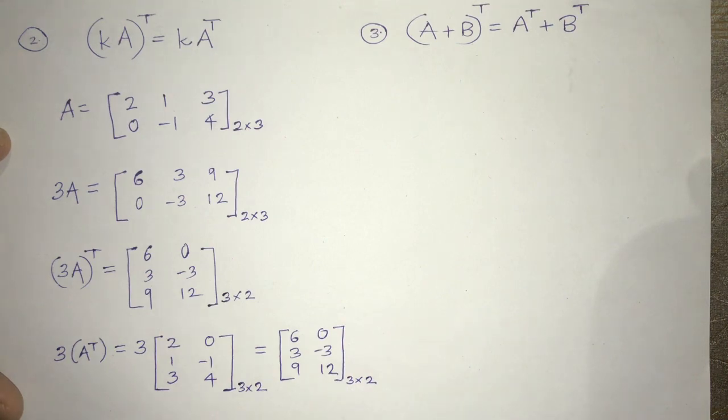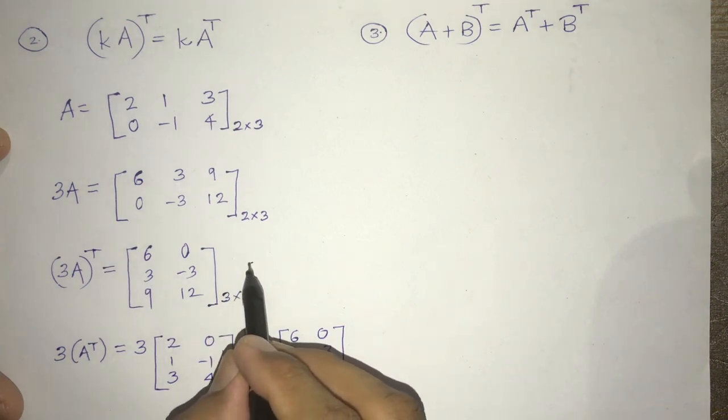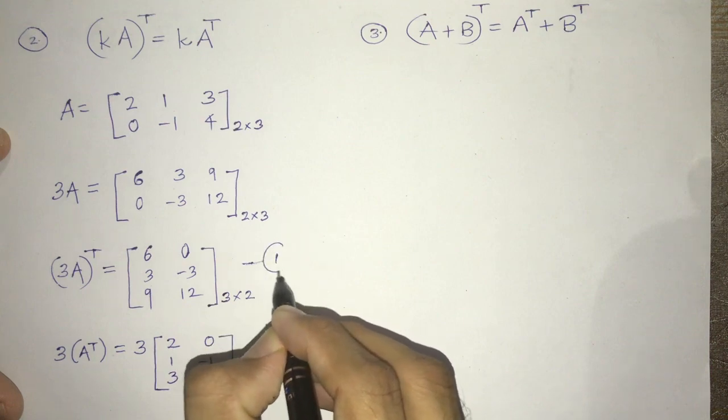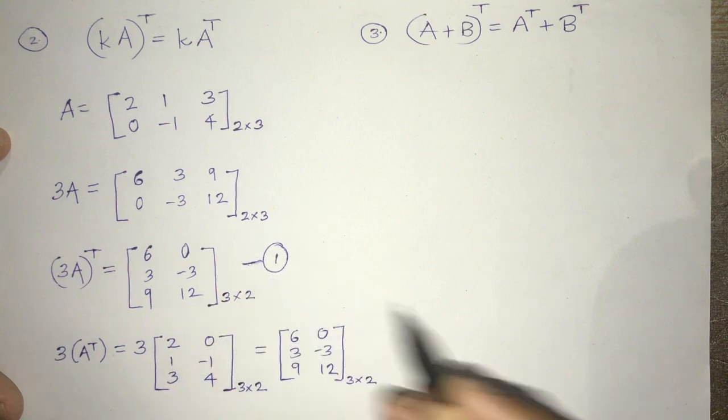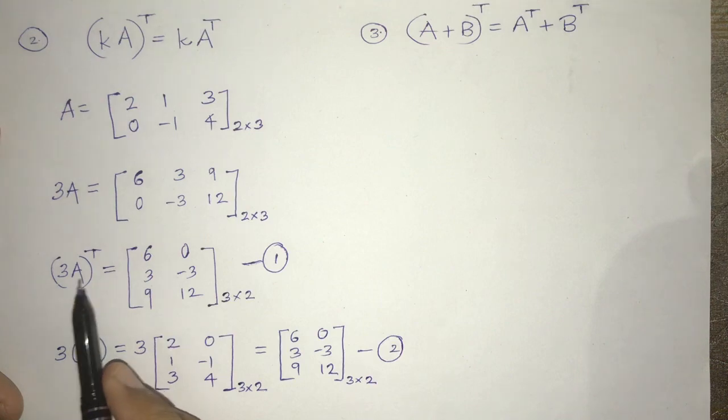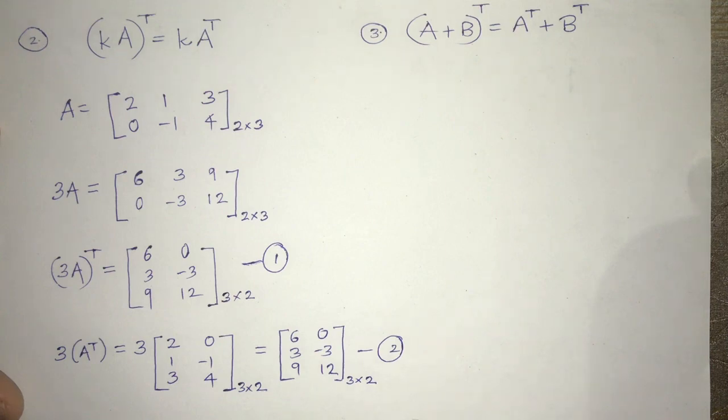Okay. And then when I see the transpose of 3A as 1, and 3 times A transpose as 2, I see that the transpose of 3A is the same as 3 times A transpose.